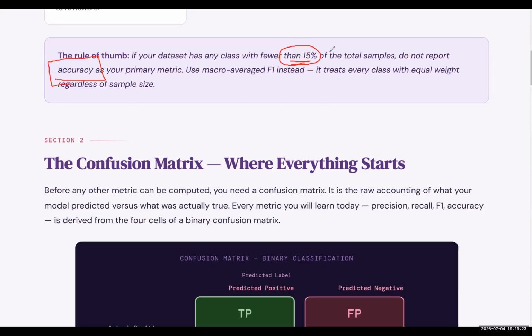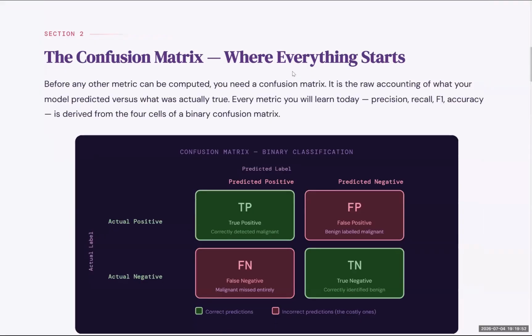This is not a rigid number to follow; you can increase this number also. Even if it is fewer than 15 to 30 percent of the total samples, please don't go for accuracy. Go for other evaluation metrics also. Okay. And we will see what these are.